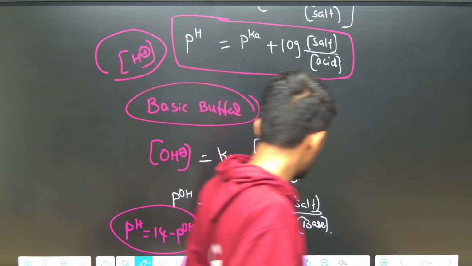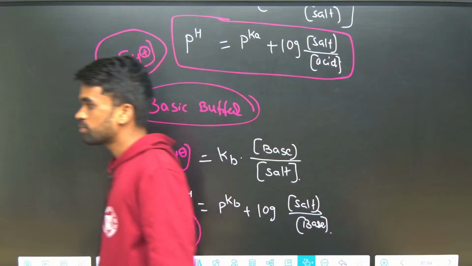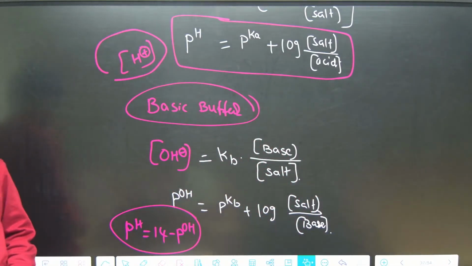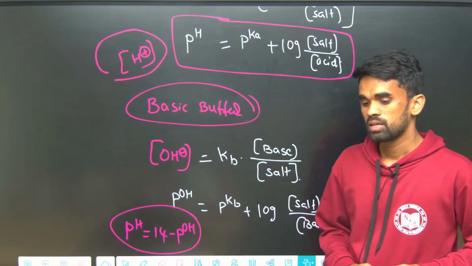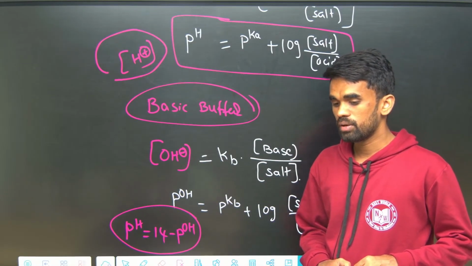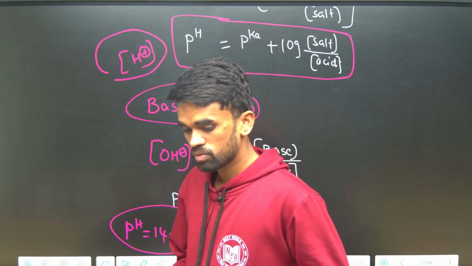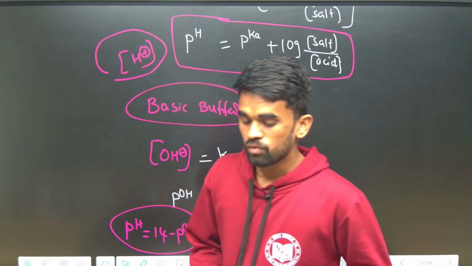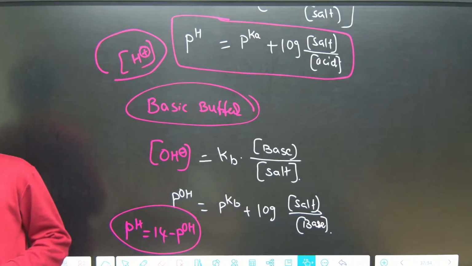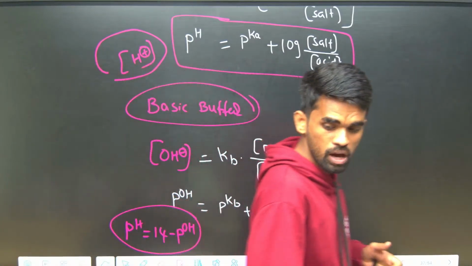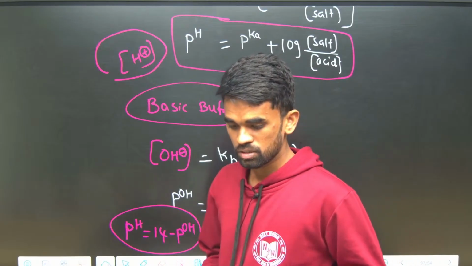Okay, write a question after this. Find the pH of a solution formed by a mixture of 3 moles of acetic acid and 1 mole of NaOH, sodium hydroxide.